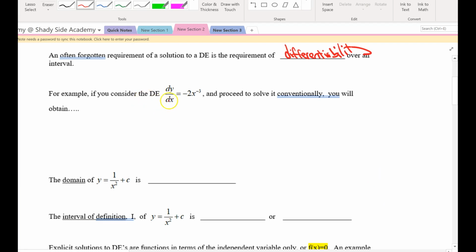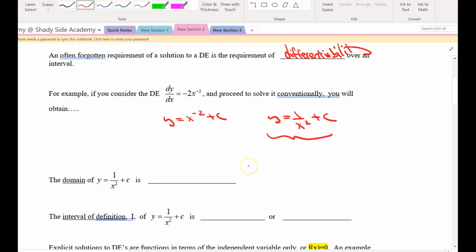If you consider the differential equation dy/dx equals -2x^(-3), go ahead and solve this with me. We're going to get to here, aren't we? Or if you prefer this, right? So this is the solution to the DiffyQ.